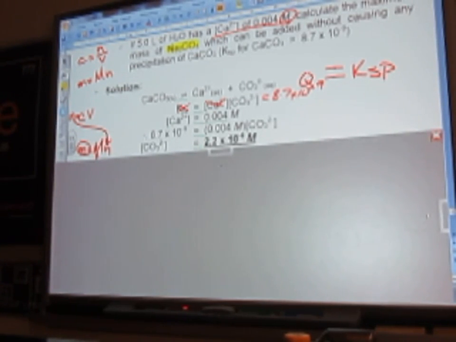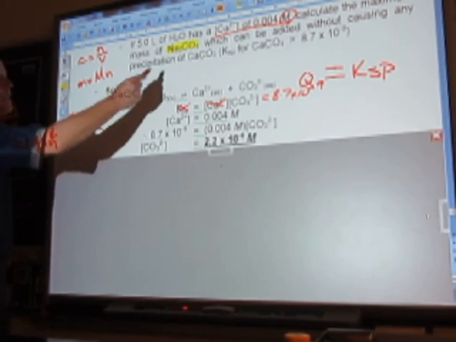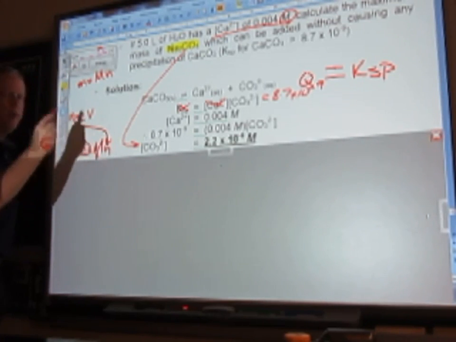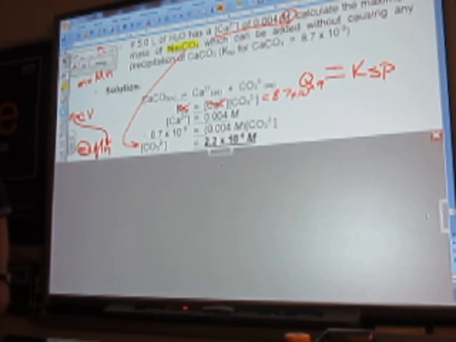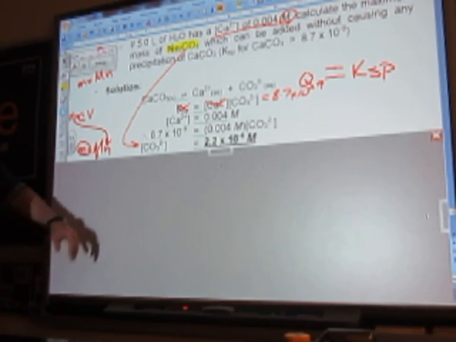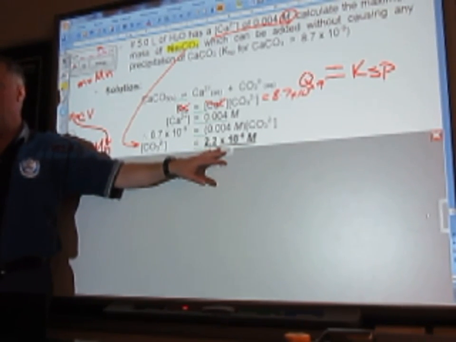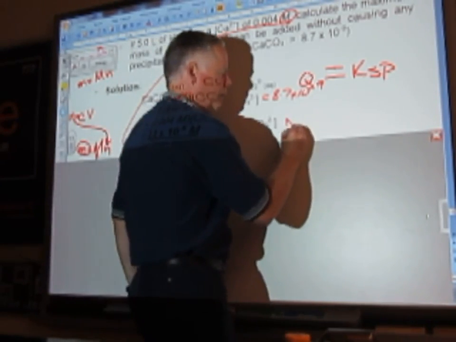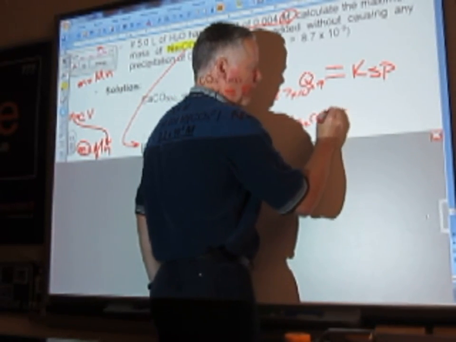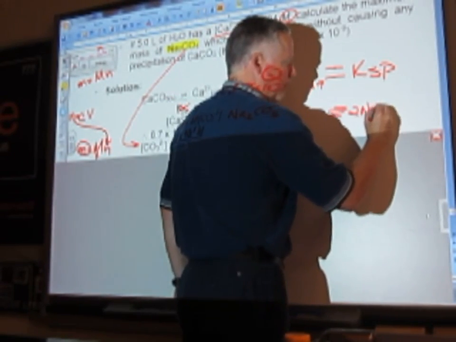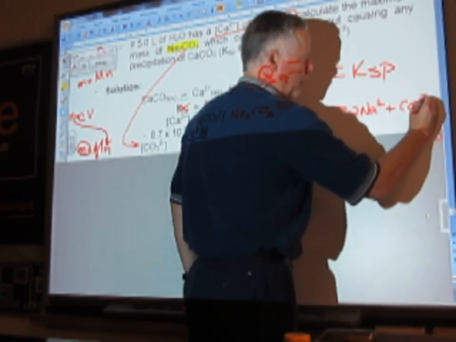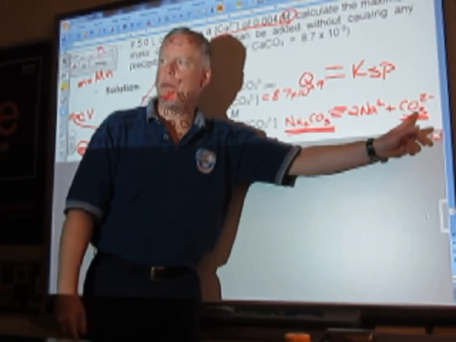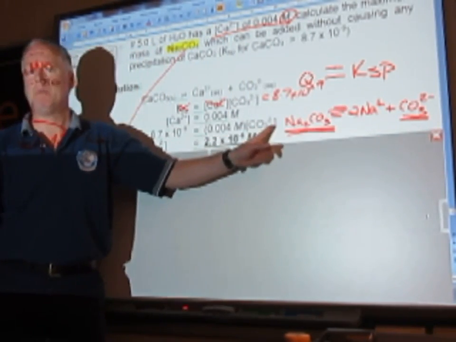How does that help us? Well, it does because I'm trying to add sodium carbonate. This is my source of carbonate. All of my carbonate is coming from that. So if I know the concentration of carbonate, I also know the concentration of sodium carbonate, because for every mole of carbonate I produce, I had to use a mole of sodium carbonate.